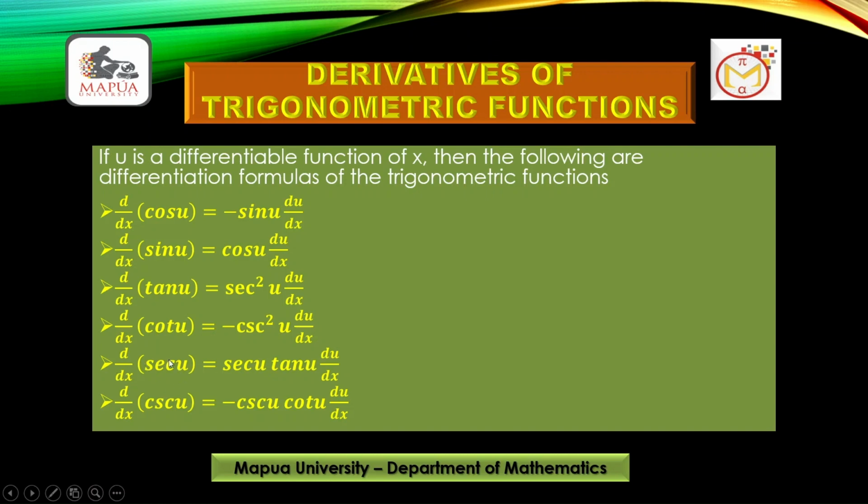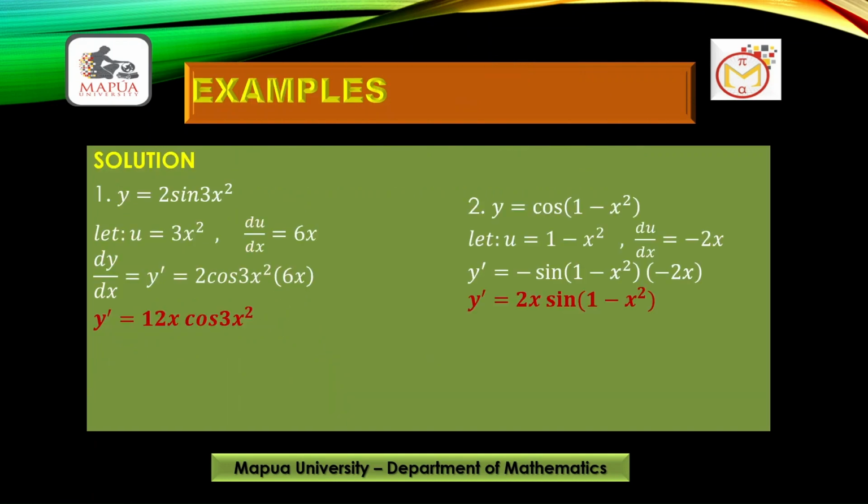For the function secant u, the derivative is secant u times tangent u times the derivative of u with respect to x. And for the function cosecant u, the derivative is negative cosecant u cotangent u times the derivative of u with respect to x. Let us discuss some examples.